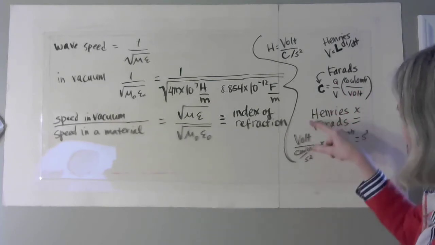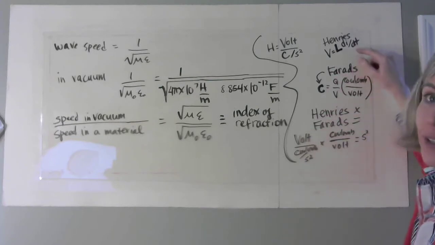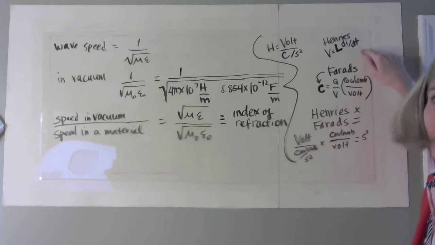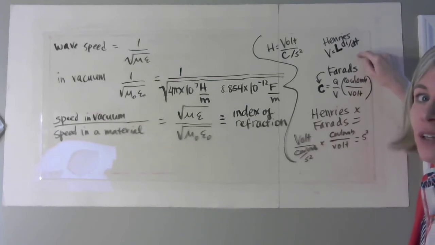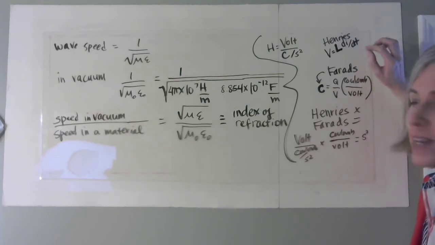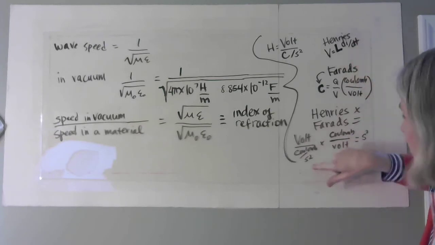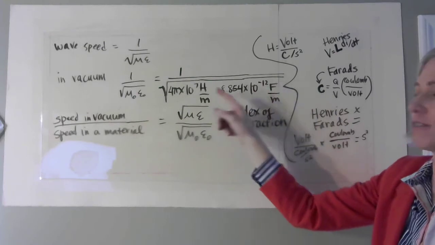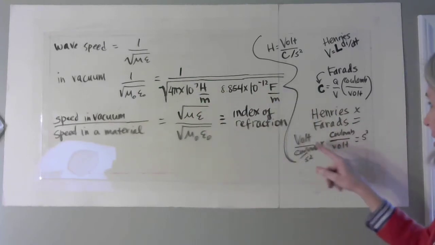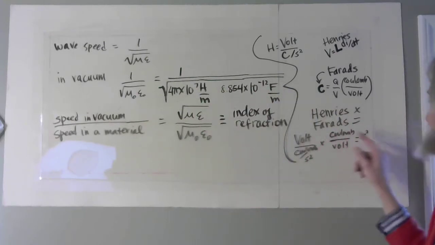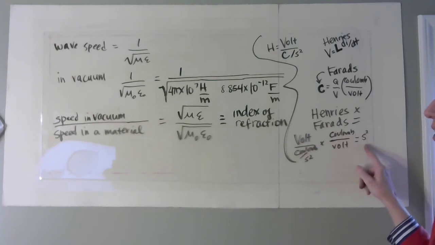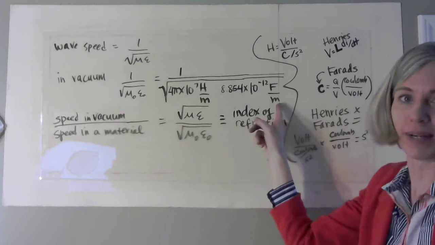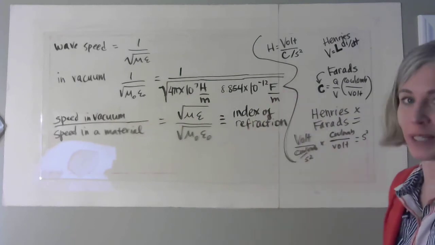Henries, maybe a little bit less familiar, but the units of L are volts over, what's the units of di/dt? Current is coulombs per second, and then you're taking a time derivative, so you're getting coulombs per second squared. And when you multiply henries and farads together, you're canceling out a lot of stuff, so you're getting seconds squared. Okay, and that's underneath here, so we're going to have seconds squared over meters squared. Flip it up, it looks like a speed.